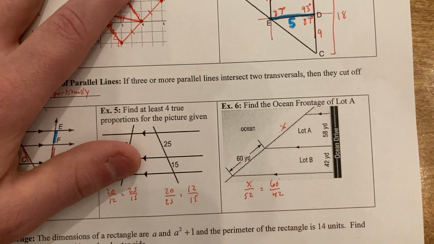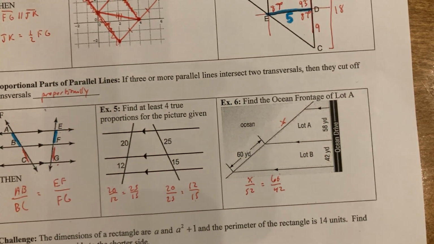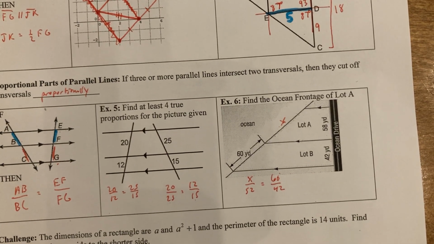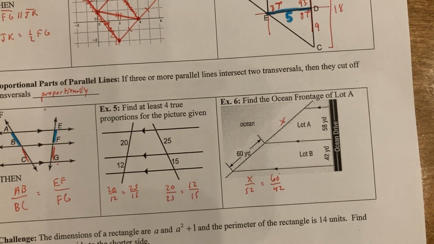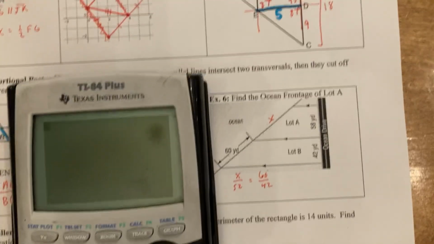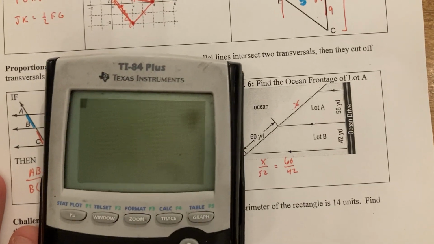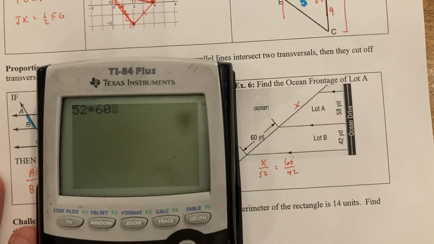So that's what I know for sure. Now here, I'm just gonna do that on my calculator. Let me grab my calculator real quick. Okay, we do the old calculator trick here to solve this proportion. You cross multiply what you can and then divide by the other number.